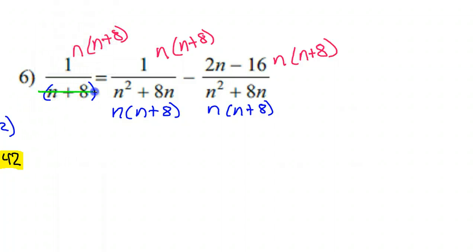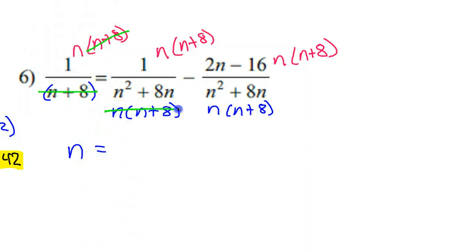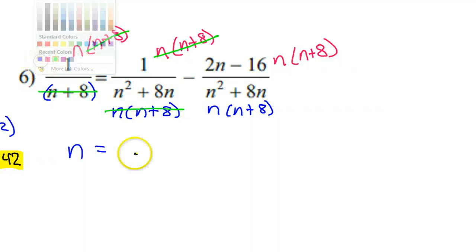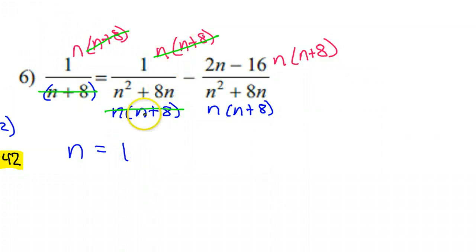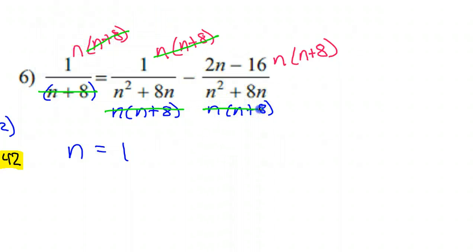In the first fraction, the n plus 8's cancel, but I still have n. So that gives me n equals. In the second fraction, the entire denominator cancels out, but that still leaves 1. Or you can think of it as anything divided by itself is 1. In the third fraction, again, the whole denominator cancels out, but that still leaves this.